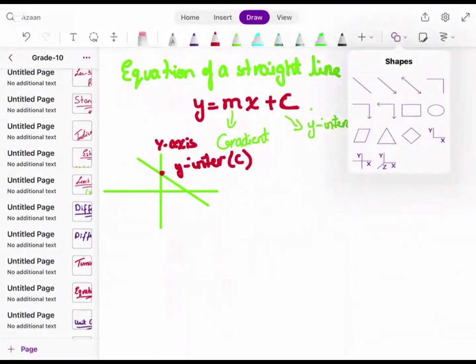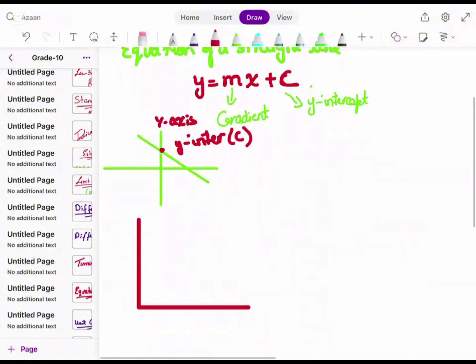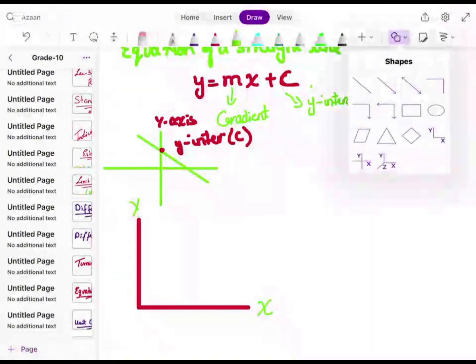One more important thing we have to cover. We know this is the y-axis and this is the x-axis.